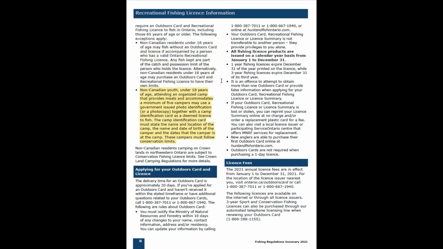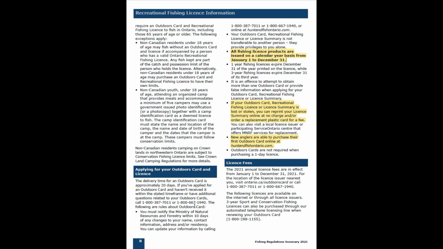The second exception for youth that are not from Canada are those that are going to an organized camp, and the camp can have an identification card that allows them to fish within the conservation limits. Very rare instance, but that's also an option for those under 18 that are not Canadian.